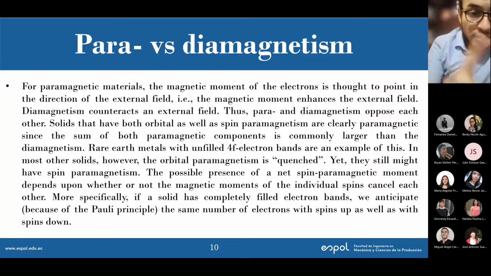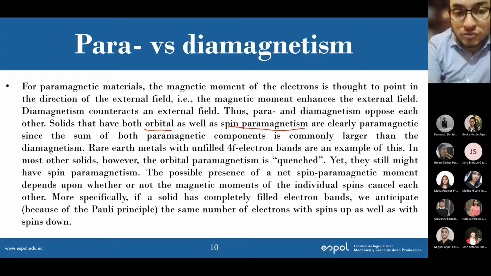So, solids that have both the orbital and the spin paramagnetism are clearly paramagnetic. Remember, the spin is just the electron rotating around its own axis, and the orbital is the electron orbiting around the whole atom.